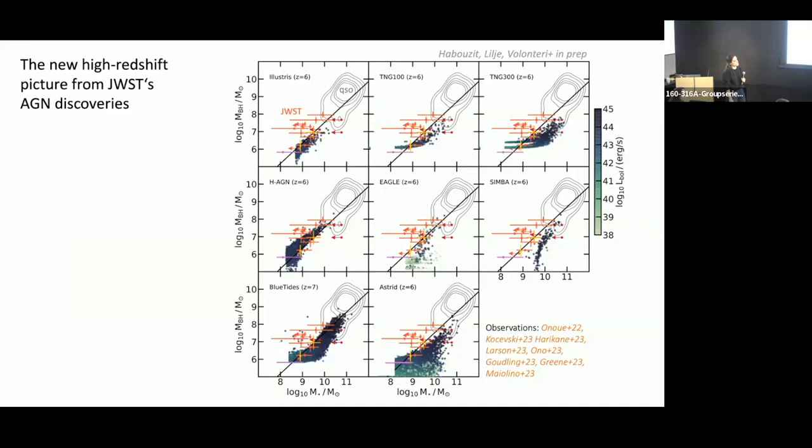This is the most interesting thing I've seen in I don't know how many years, so I'm super excited. But I think we have to take this into account before drawing strong conclusions about seeding per se. What is really important to me is how we get to these masses.